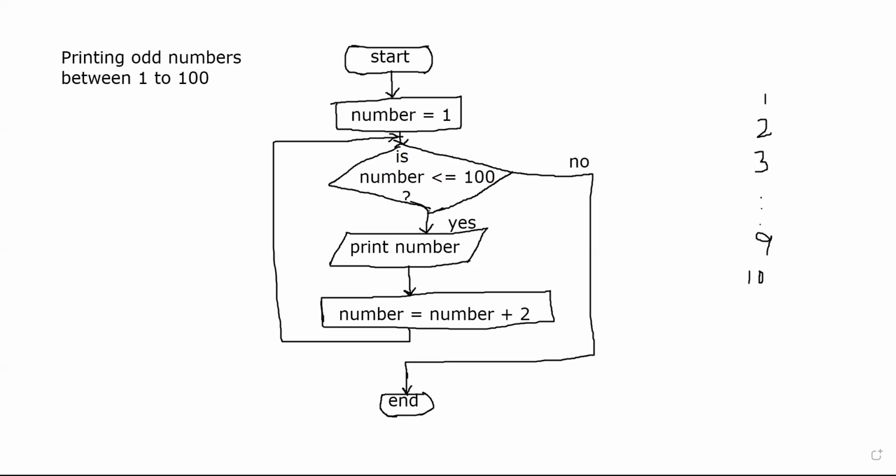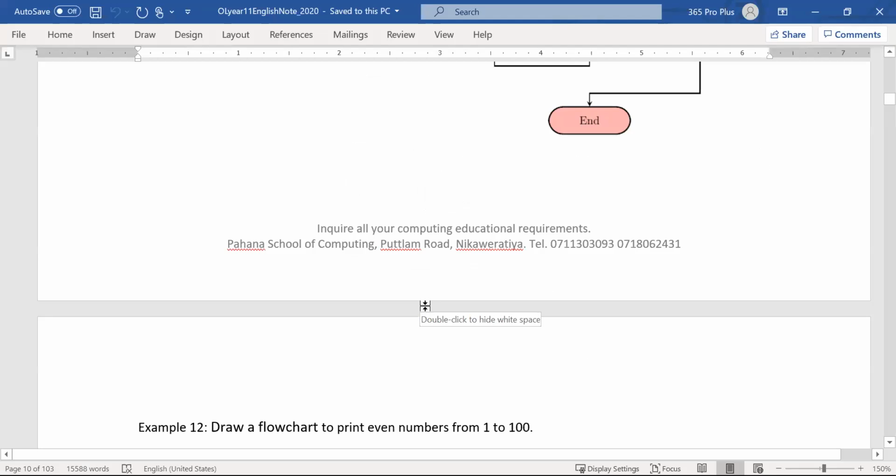Can you take down this? And once you finish it, please let me know. We'll move to the next one. So the next example, I want you to draw. Let me share the screen. I want you to draw a flow chart to print even numbers from 1 to 100, even numbers.